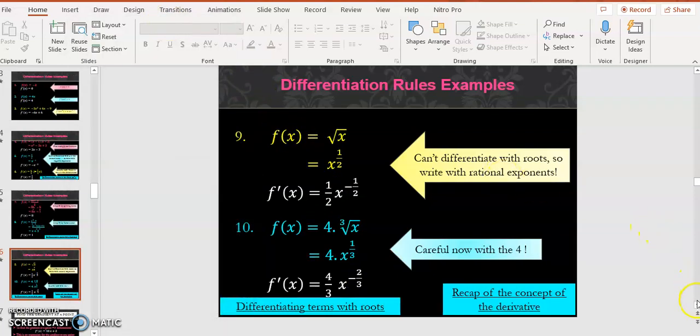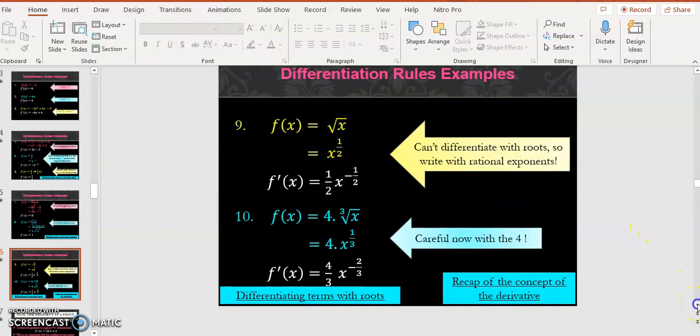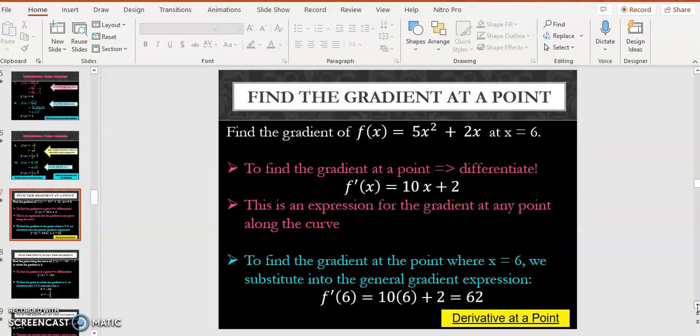Okay, so here we are going to look at the next one. We want to find the gradient at a point. So find the gradient of f of x at x is equal to 6.